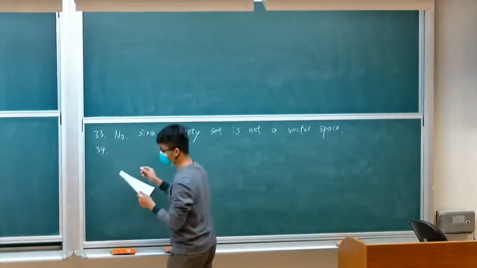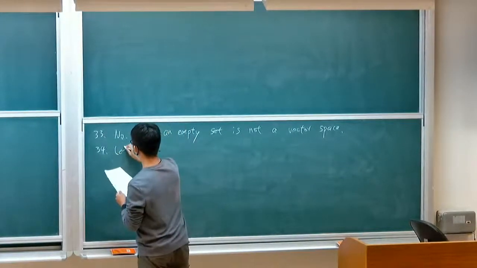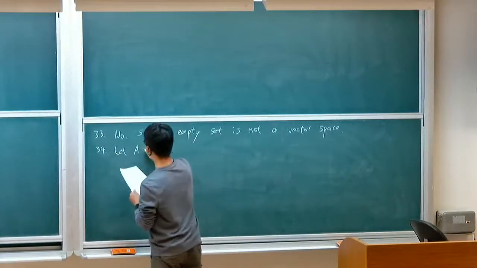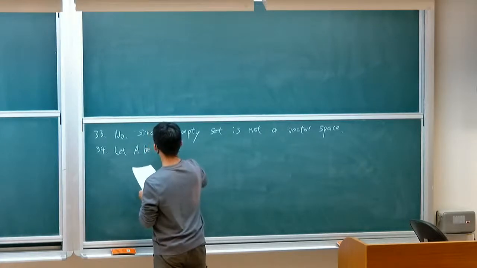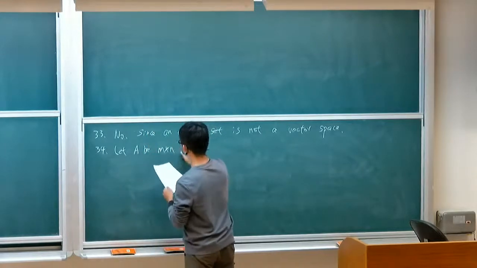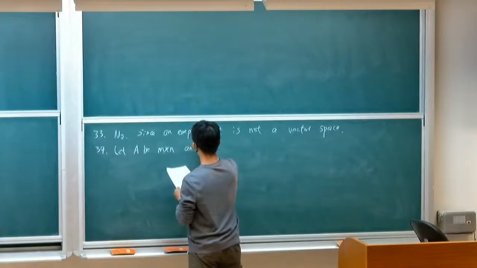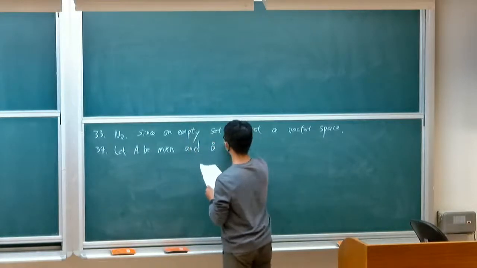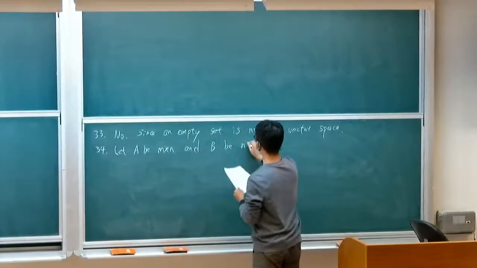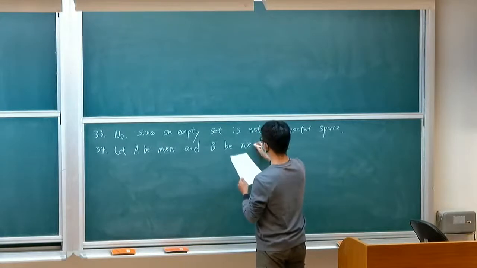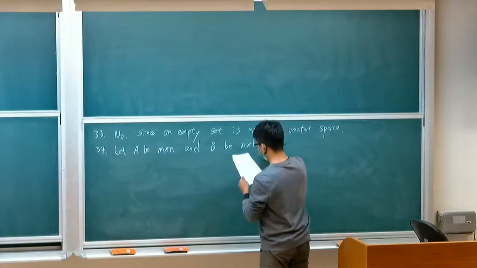Okay, for exercise 34, first we let A be m by n, and B be n by k.